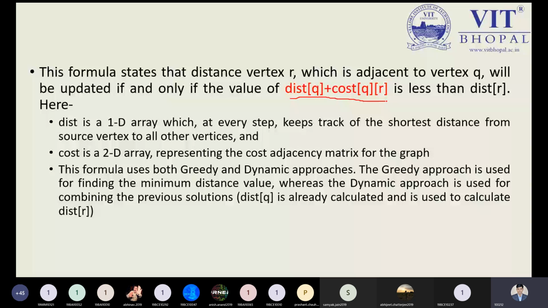If this newly calculated value is less than the current distance R, then definitely we will pick this value. So it depends on the circumstances.